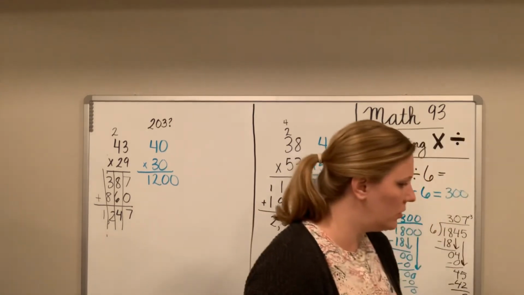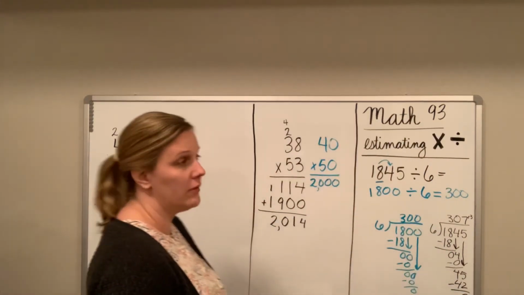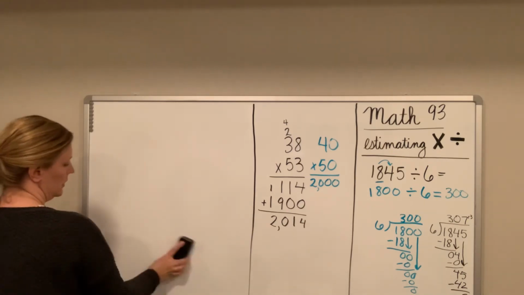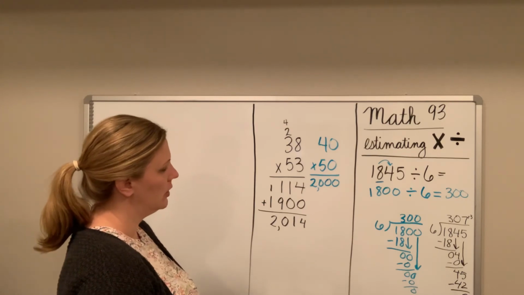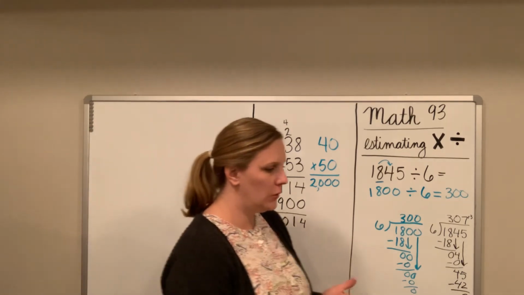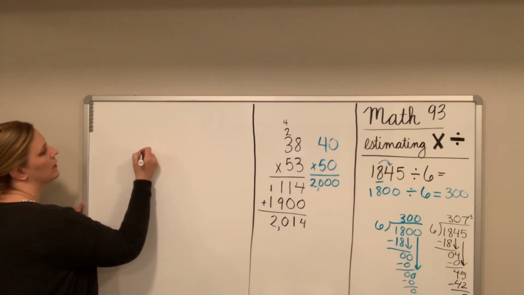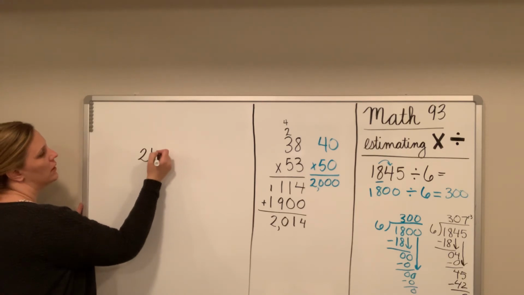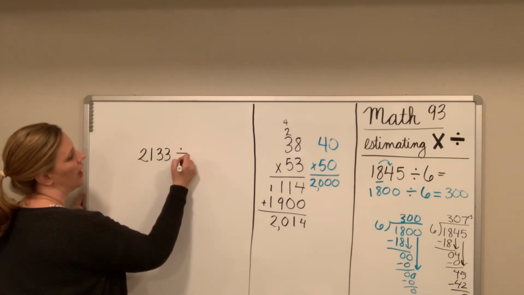Let's do a different number. Let's see, 21,033 divided by 9.